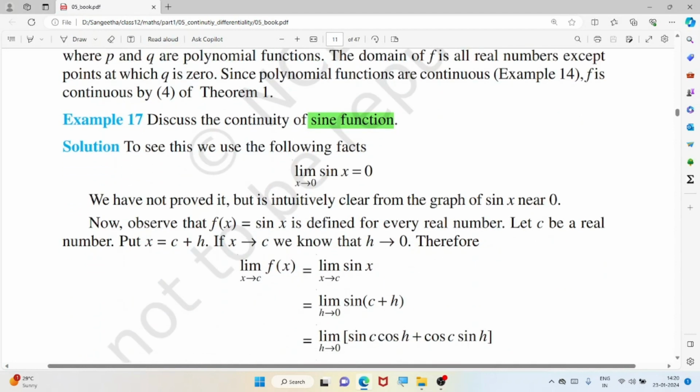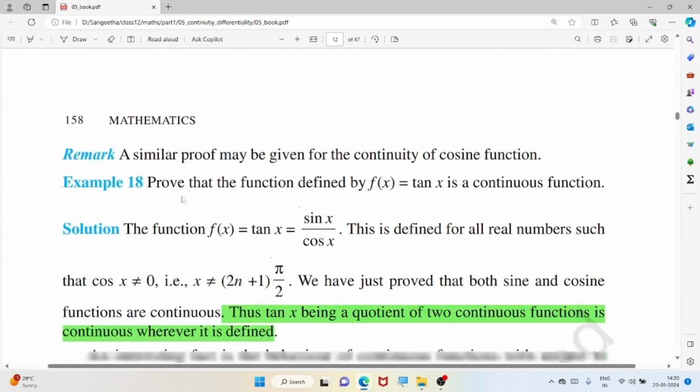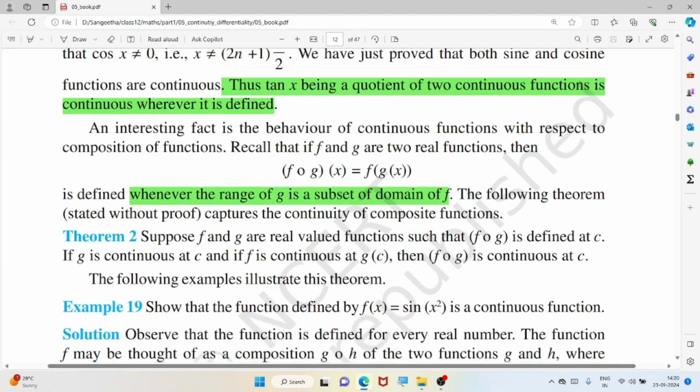Continuity of the sine function: the limit of the sine function at x equal to 0 is 0. So f of x equal to sine x at point c is a continuous function. Sine function is a continuous function. Cosine function also similar.